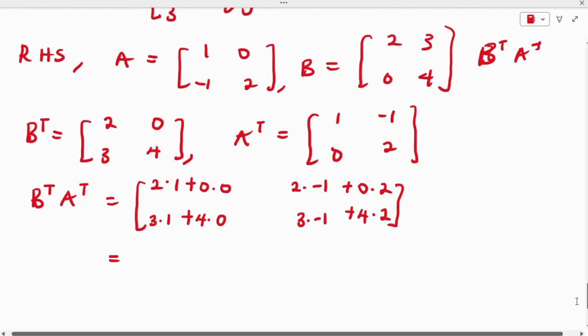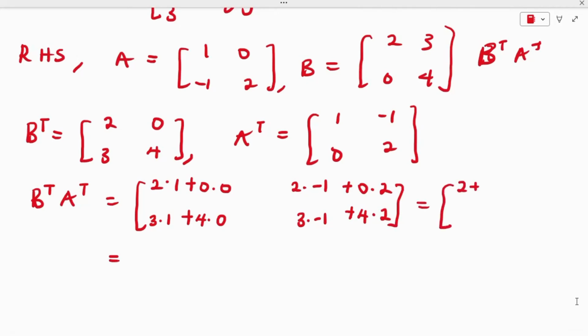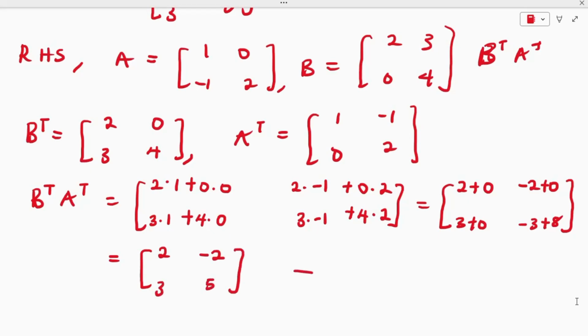Alright, so from this point we have 2 multiply 1 is 2 plus 0, negative 2 plus 0, 3 plus 0, and negative 3 plus 8. So this is equal to 2, negative 2, 3, and 5. Alright, so this is the right hand side.